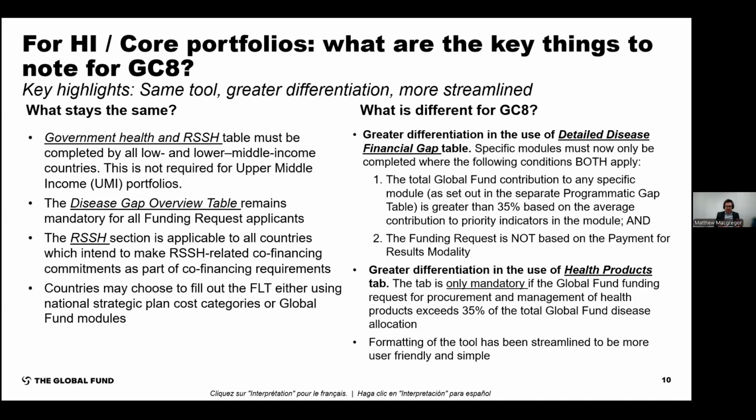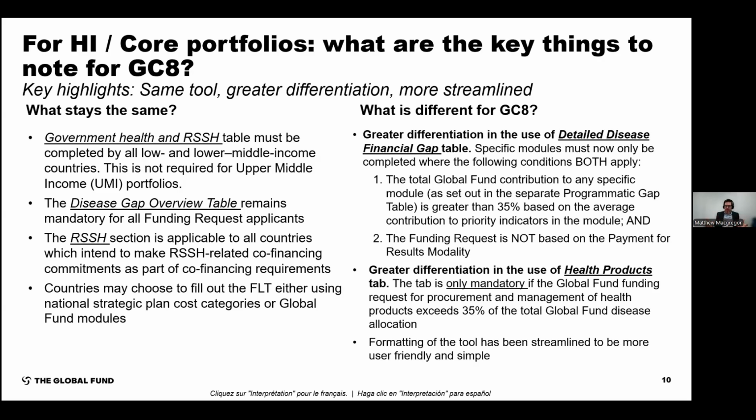We do this because it's really important to provide that flexibility. Countries use different ways to both capture their historical spending as well as project that spending forward. And so the tool provides flexibility either to use the National Strategic Plan cost categories or use the cost categories for Global Fund modules. And that's a decision made as part of the funding request development process at the country level. So those things stay the same.